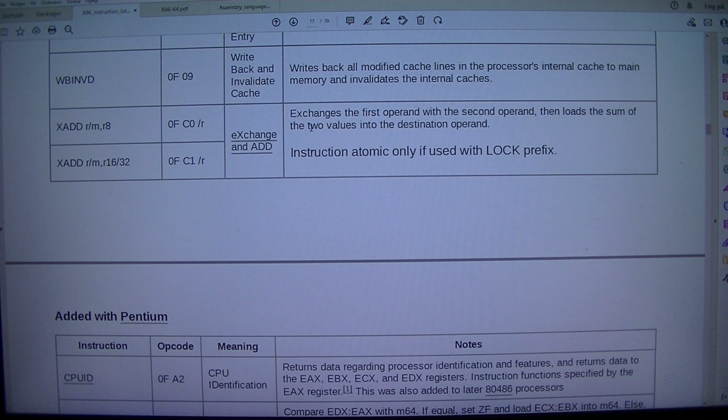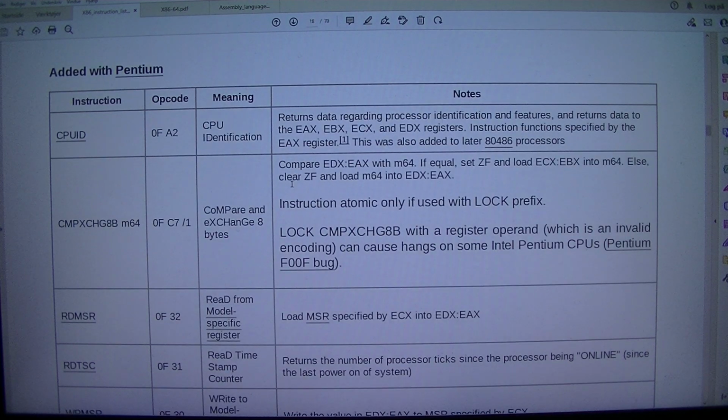XADD R/M, R8 0FC0/R: exchange and add, exchanges the first operand with the second operand, then loads the sum of the two values into the destination operand. Instruction atomic only if used with lock prefix. XADD R/M, R16/32 0FC1/R. Added with Pentium.